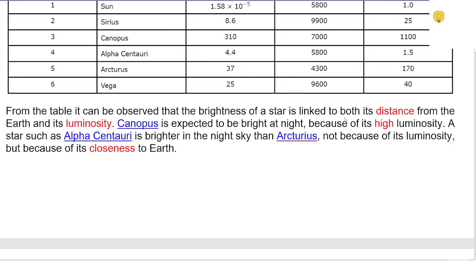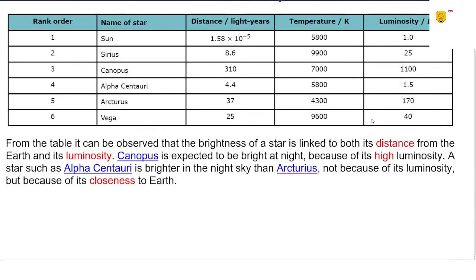Right, so from the table it can be observed that the brightness of a star is linked to both its distance from the Earth and its luminosity. This is the distance from the Earth, and this is the luminosity. As you can see, where the distance is very small, the luminosity is very small.